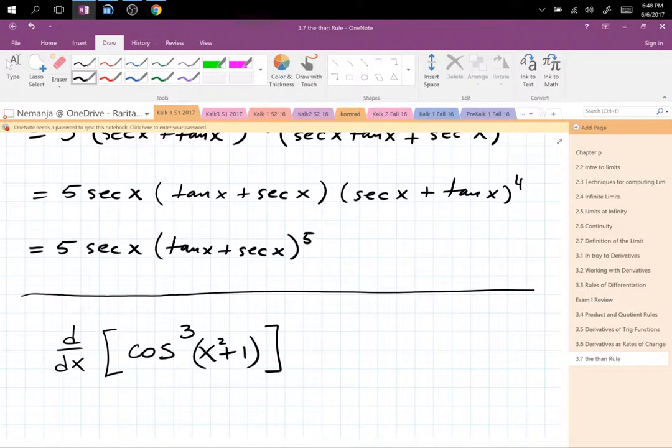How many functions are we nesting here? 3. What's the most outer boss function? X cubed, very good. This cube on cosine is telling us that the whole thing is something cubed, mess cubed. Okay, what's the one layer inward?